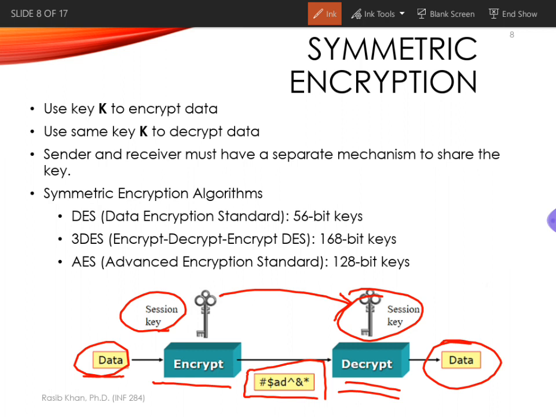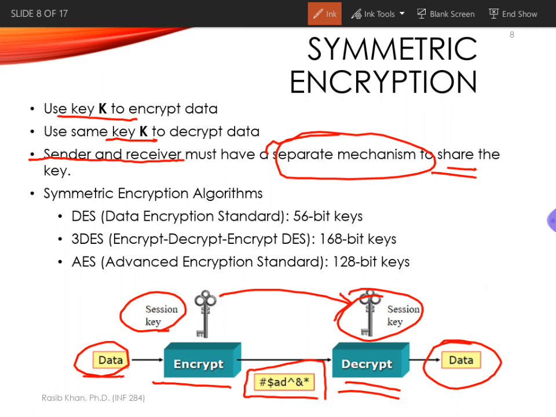So in formal terms, we say that the encryption is done using a key, let's call it K, and then we use the same key, K, to decrypt the data. For symmetric encryption to work, the sender and the receiver must have a separate mechanism to share the key.